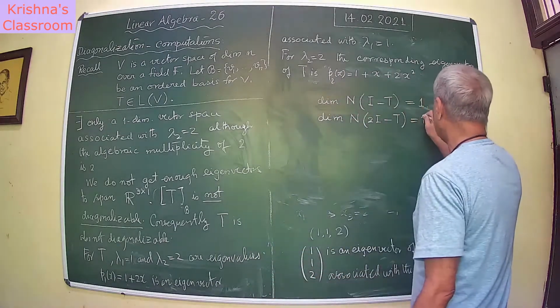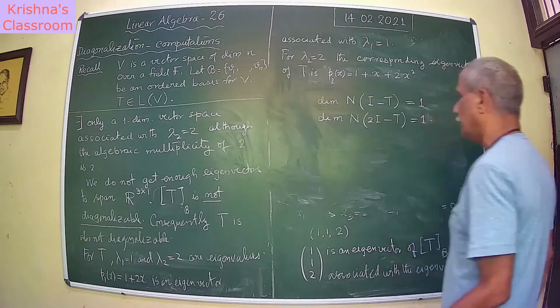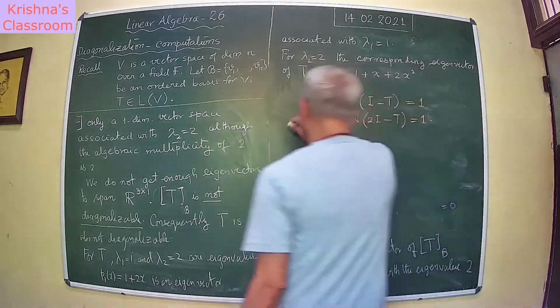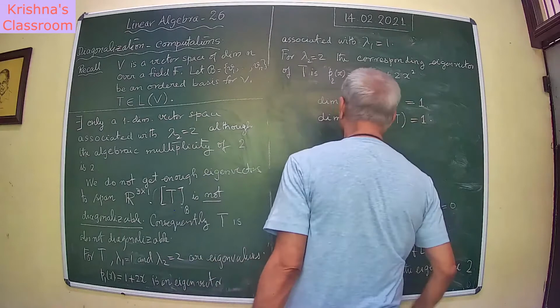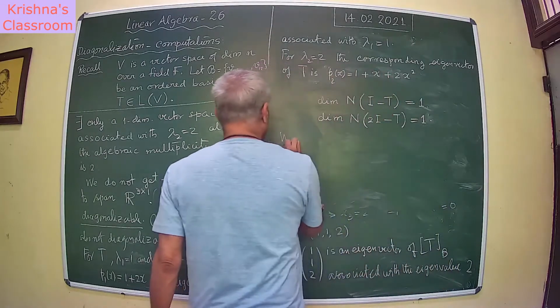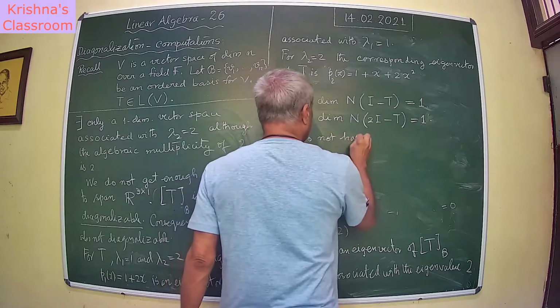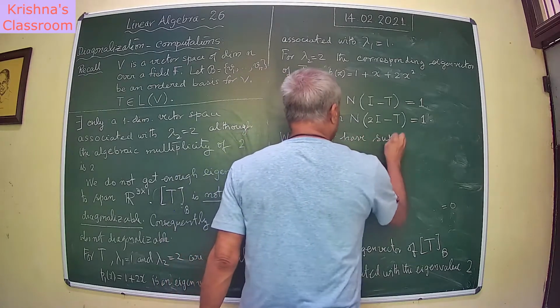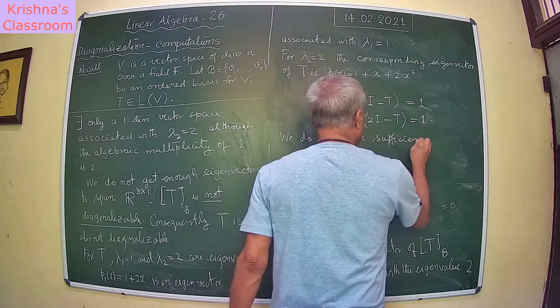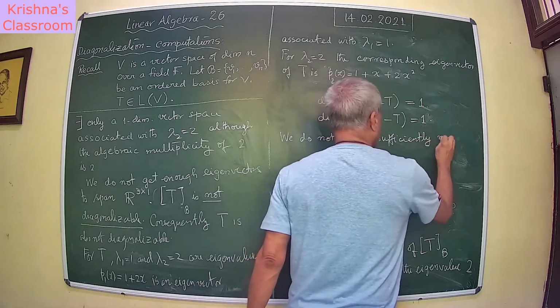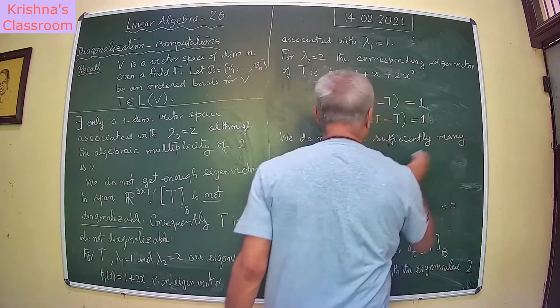So we don't have sufficiently many eigenvectors. So this consists of all the possibilities. Eigenvectors.